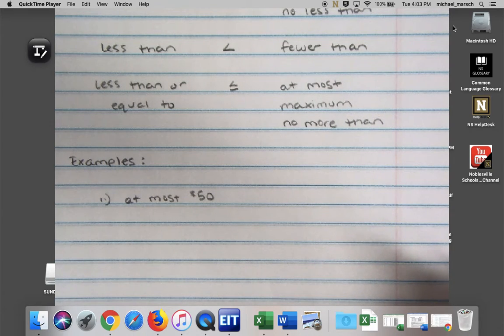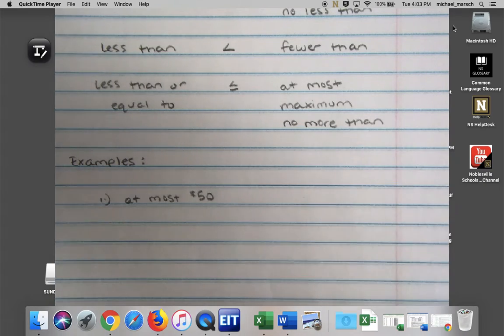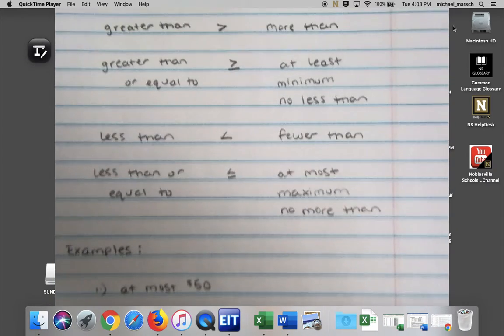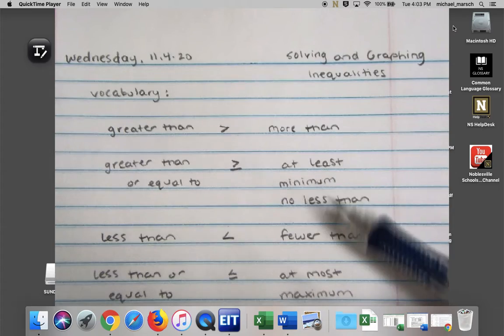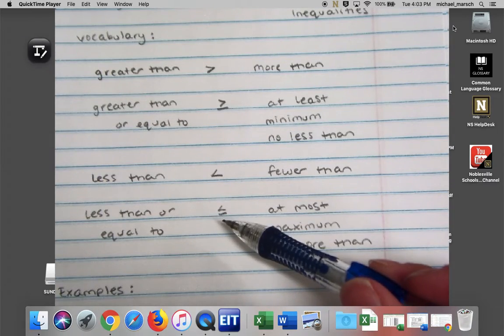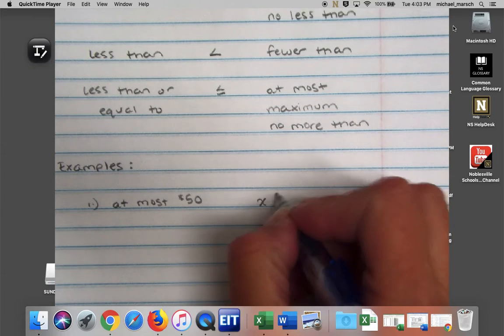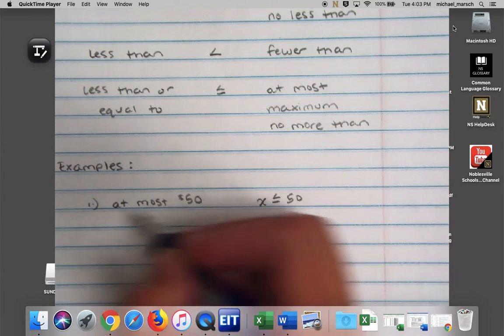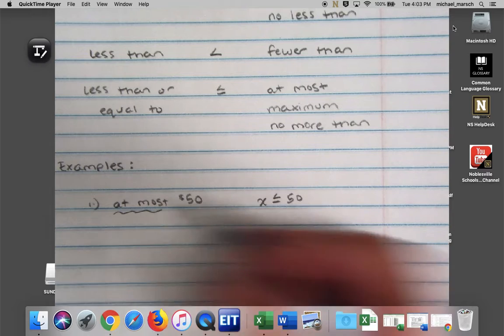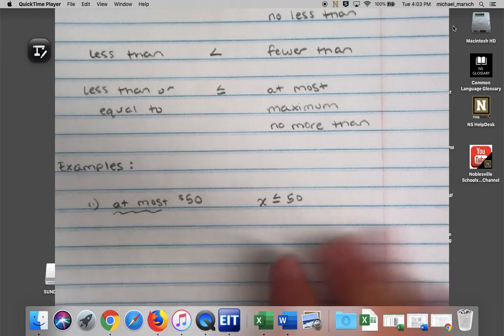Maybe it's the Apple store or something. I'm going to look up here at my phrases and say, where do I see at most? Oh, less than or equal to. So that tells me that X has to be less than or equal to $50, because at most coincides with less than or equal to.